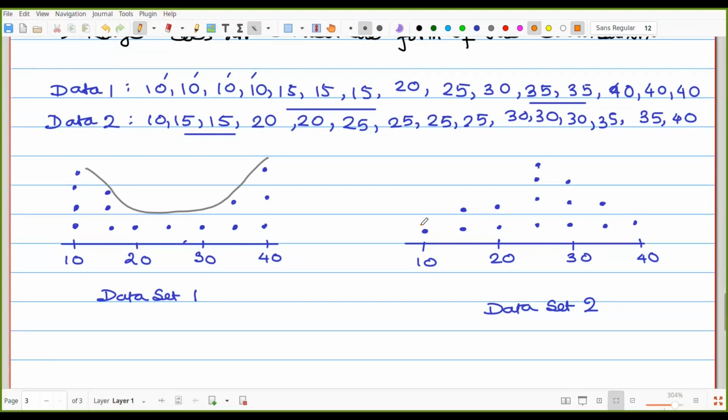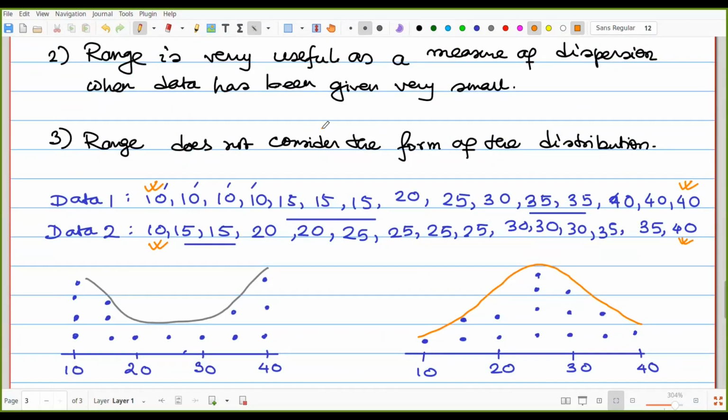If you think about the curve here, it looks like this. But both have the same range, because 40 is the maximum value and the lowest value is 10 for both data sets. So both have the same range, that is 40 minus 10, or 30. So range does not consider the form of the distribution. Whatever the distribution is, the range is the same.